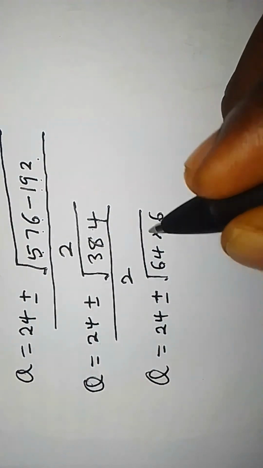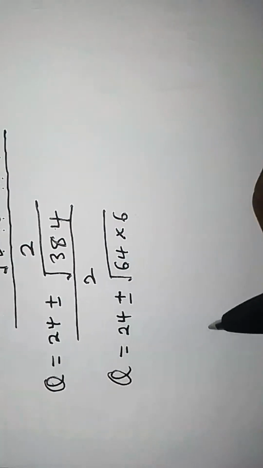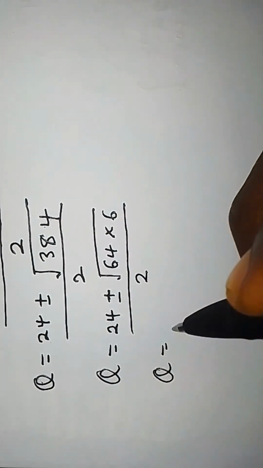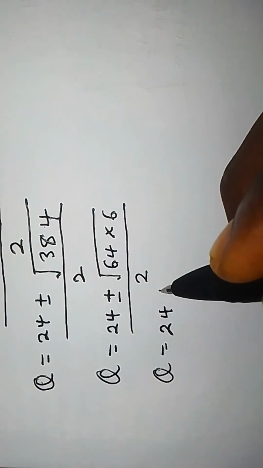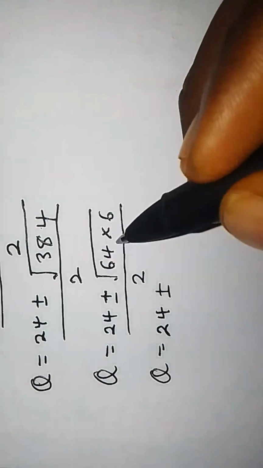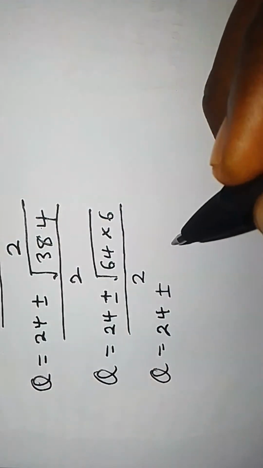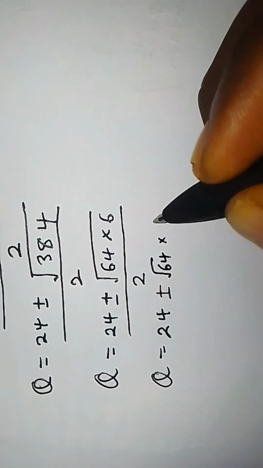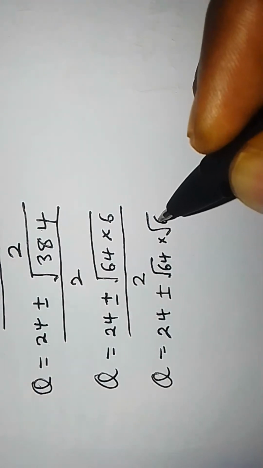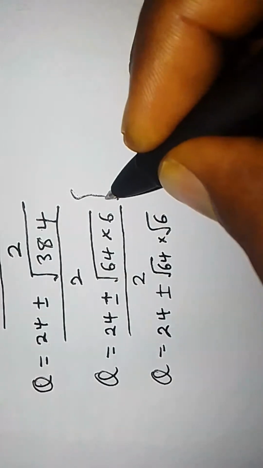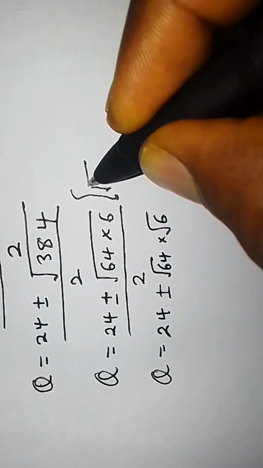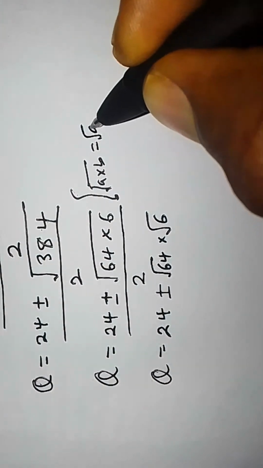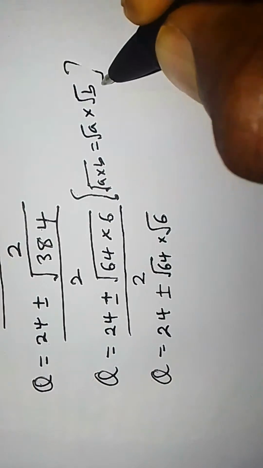That is, 64 times 6 gives 384, divided by 2. Square root of 64 times 6 could be written as square root of 64 times square root of 6. That is, using this identity, let's say we have square root of a times b, this is equal to square root of a times square root of b. Let's proceed further.